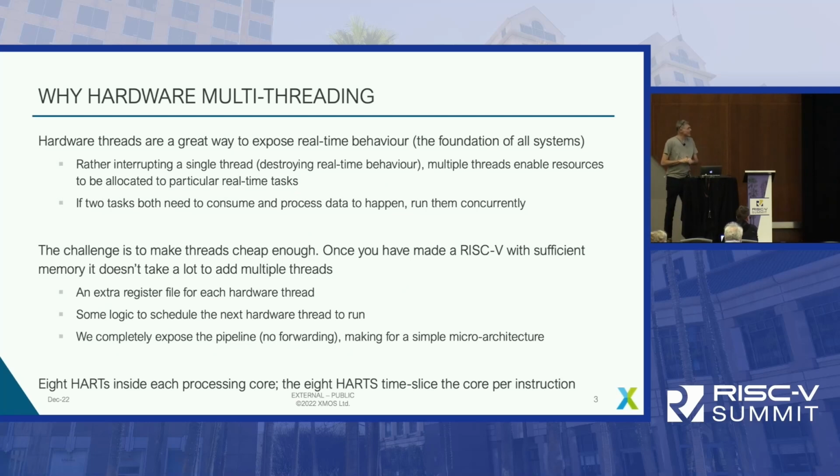The reason we do multi-threading is because it exposes real-timeness in a software environment. So you can, from software, control very hard real-time tasks. And hard real-time here means sort of 2-3 nanosecond precision. That is the level of real-timeness that we're concerned about.